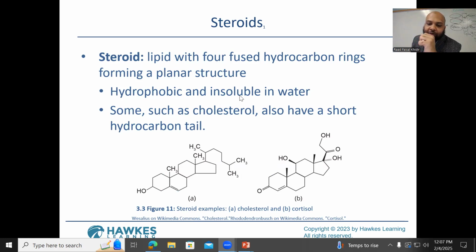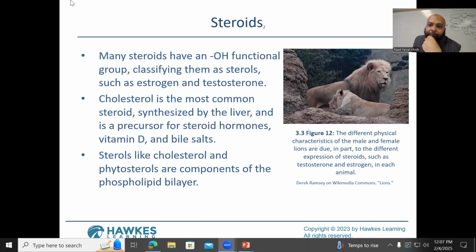Some, such as cholesterol, also have a short hydrocarbon tail. Many steroids have an OH functional group, classifying them as sterols, such as estrogen and testosterone. These are the sterols.